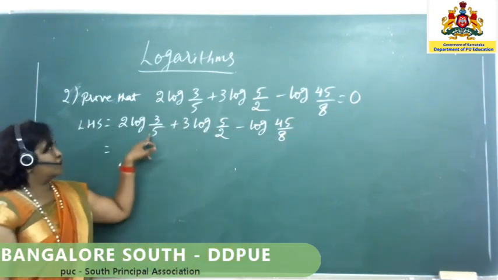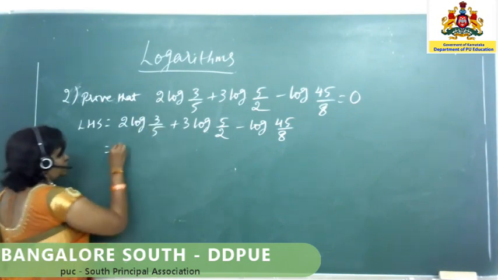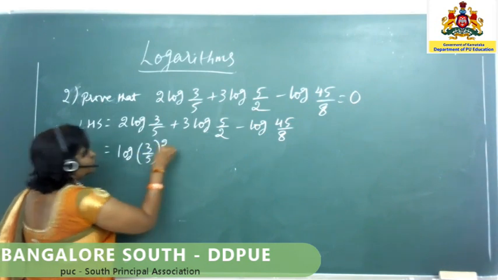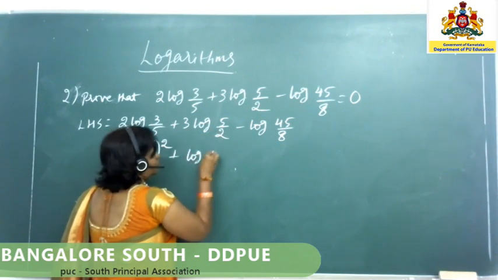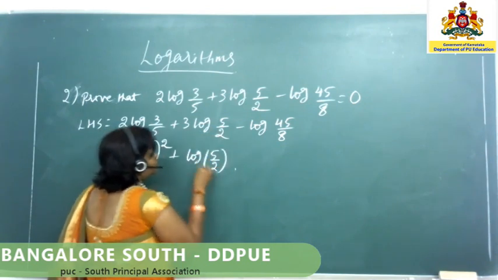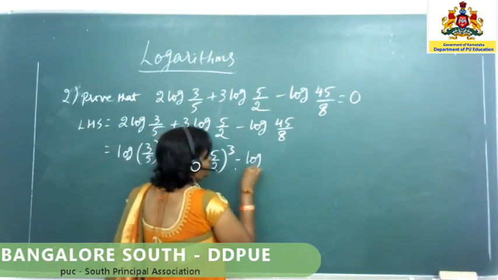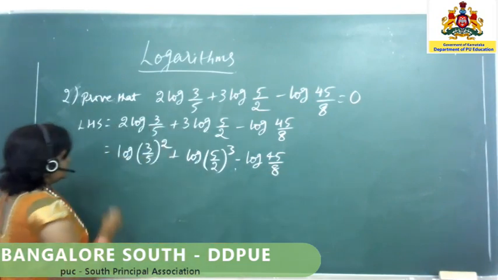So n log m is log m to the power of n. So I'll be using that formula here. So log 3 by 5 to the power of 2 plus this can be written as log 5 by 2 to the power of 3. So minus this term as it is log 45 by 8.